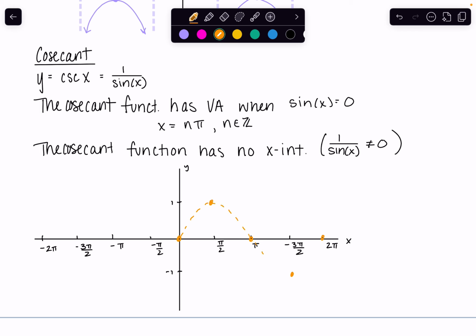And then we get that S shape. Then it just repeats 0, 1, 0, negative 1, back to 0.